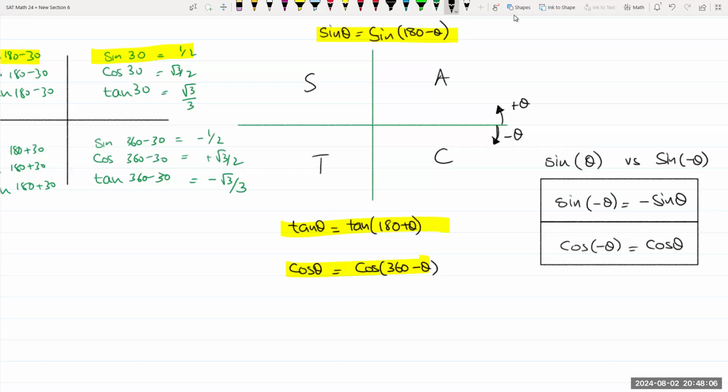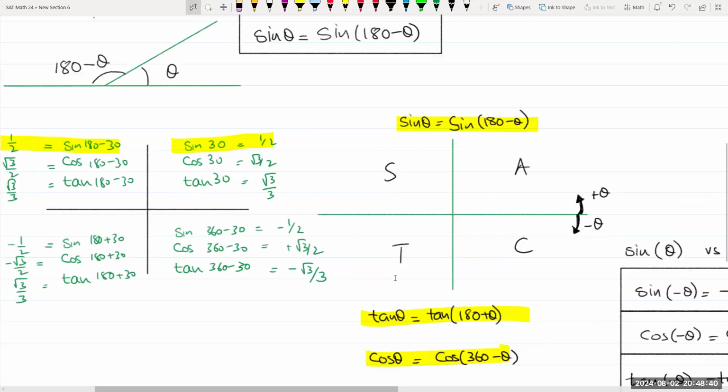If you go in the clockwise direction, then the angles considered are negative. So cos of minus theta is the same as cos theta. So that's these two facts. Then tan also, let me write it. Tan of minus theta is the same as minus tan theta. So tan is not different from sine. It's the same. Tan is the same as sine. So yeah, just keep that in mind.